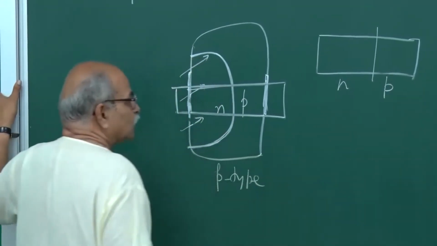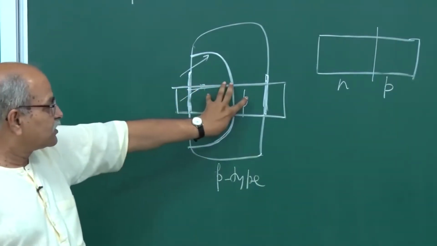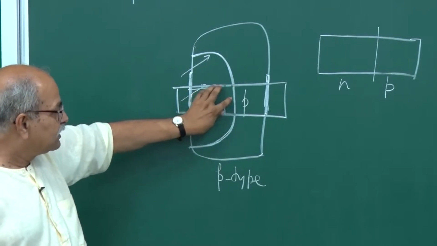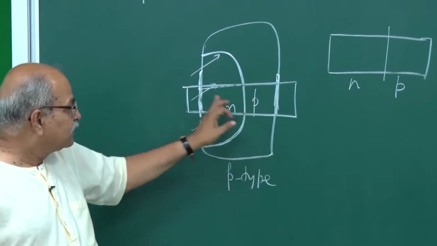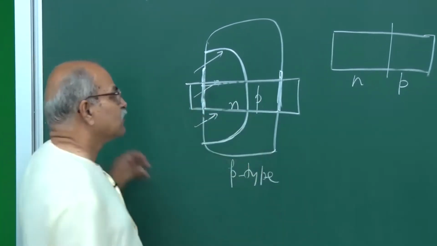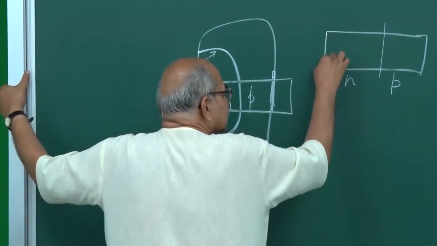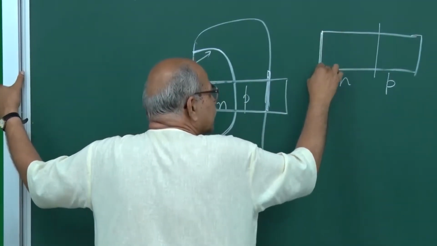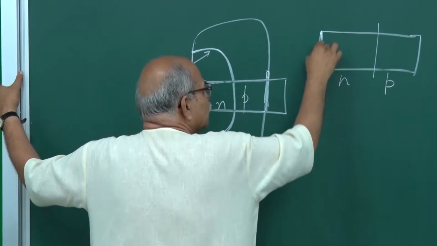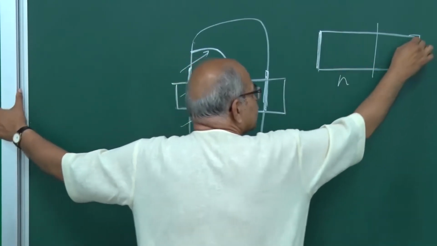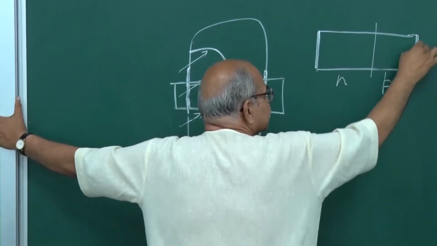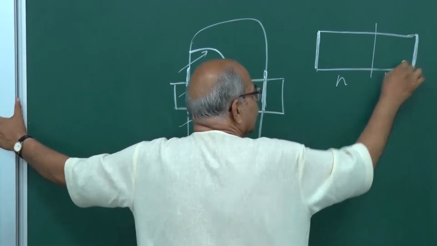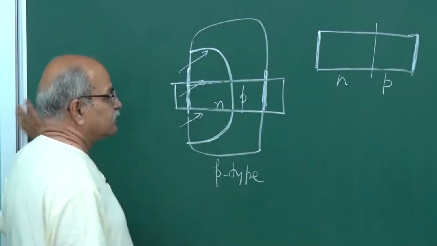So, what I will be actually showing is this portion, this is n type, this is p type, here is the junction, here is the metallic contact, here is the metallic contact. You will assume that you have a metallic contact here and here. So, this is the situation.